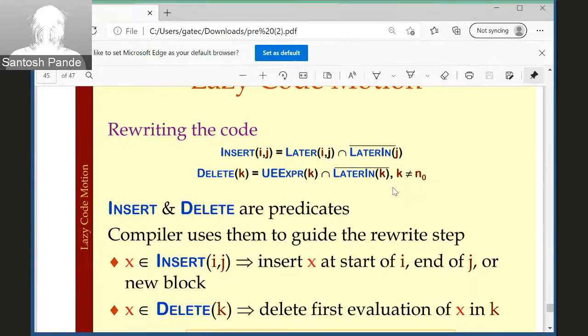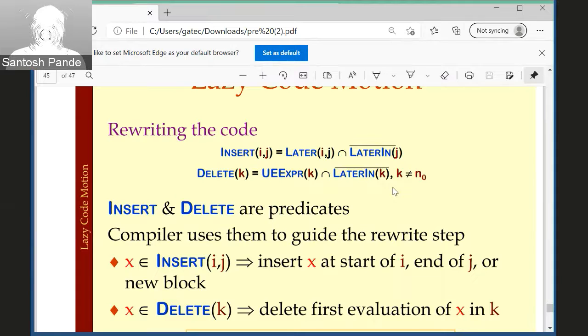As I said, next is the insertion condition, which we'll evaluate. How do we do that? We know that later in is true along at least one edge, ij, and later in j is not true, which basically also means that later in is not true along one of the incoming edges to j, which is the condition which I had shown earlier because of availability.